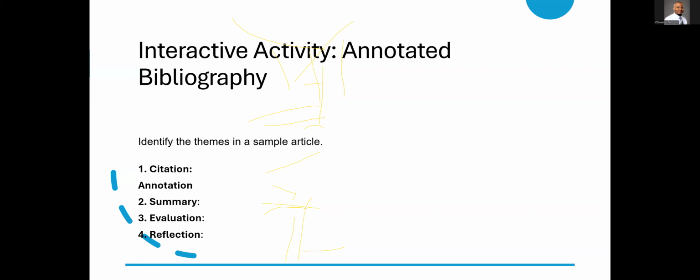So with any of the articles you are interested in, within the next 10 to 15 minutes, try to generate a theme. You generate a citation, the summary, evaluation, and reflection. I know this is not adequate time, but let us see what we can come up with. So I can call on anybody in the next 15 minutes to tell us how to cite it based on APA. We're going to use APA now.